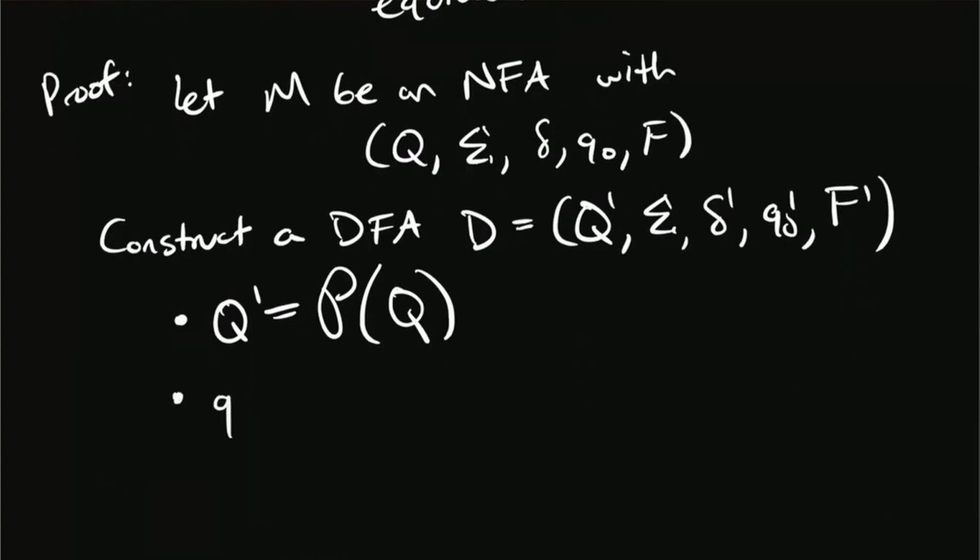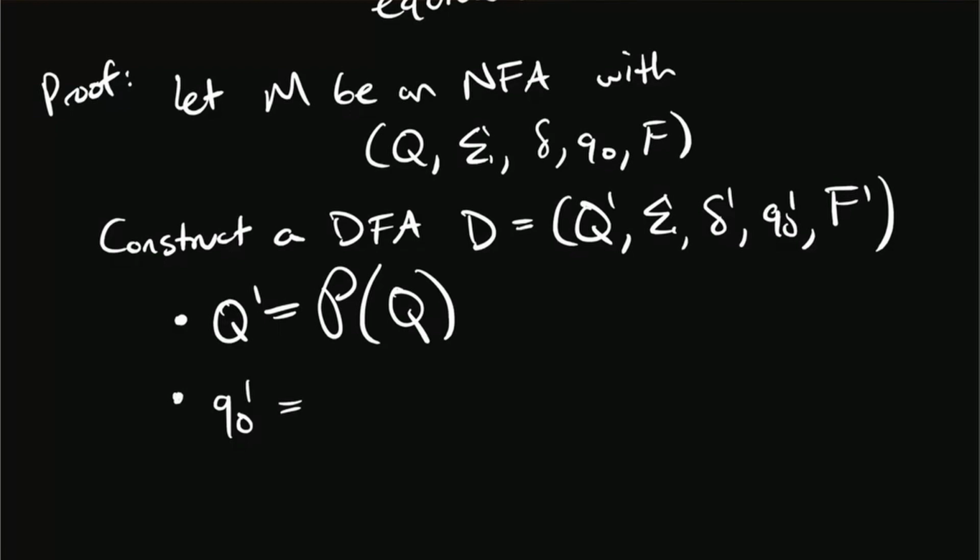What about the start state? Conveniently, we're going to ignore the epsilon transitions for now. Well, the states in the DFA are what in the NFA? The states in the DFA are modeling what in the NFA? Not quite.